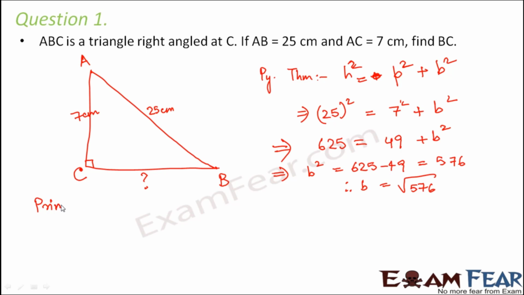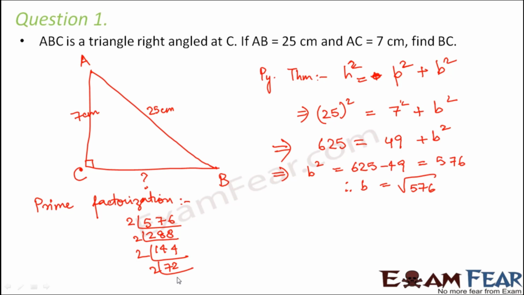So, for that we do prime factorization of 576. So, how do we do prime factorization? We have learned this in class 6th, right? So, you divide it by the smallest possible prime number. So you get numbers like this and you continue the process.